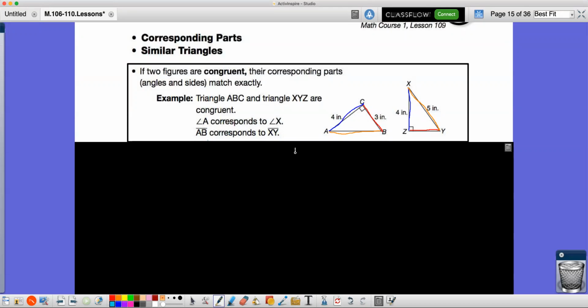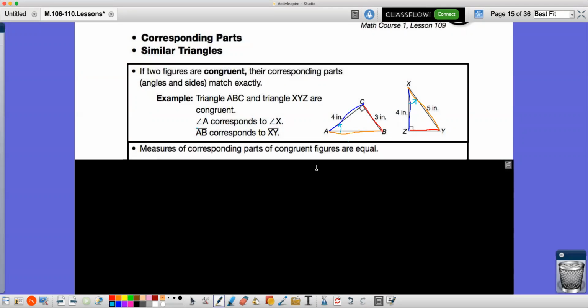So you can see that inside here, angle A corresponds to angle X. Those are the same angles, just like line segment AB corresponds to line segment XY. Measures of corresponding parts of congruent figures are equal.